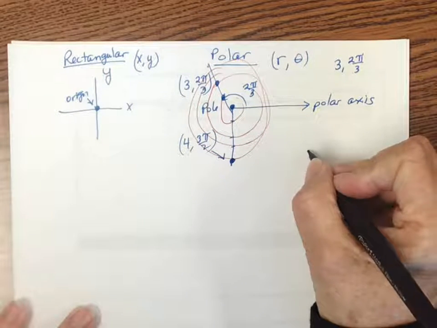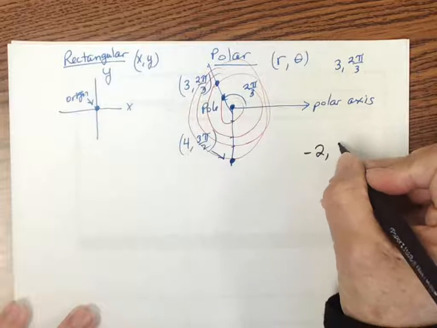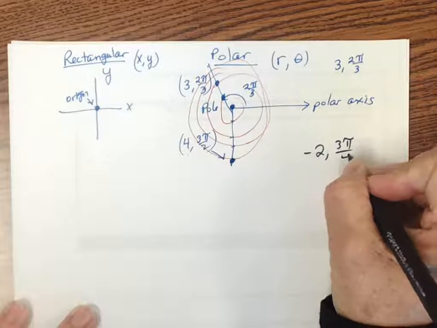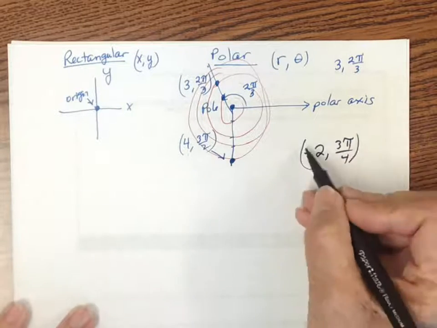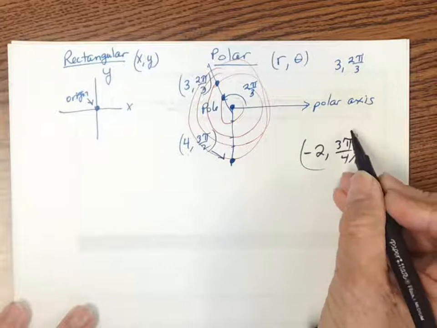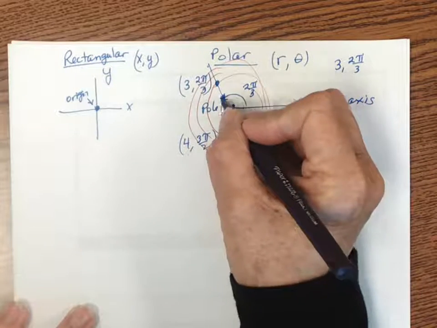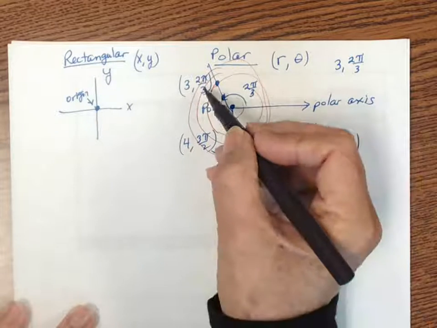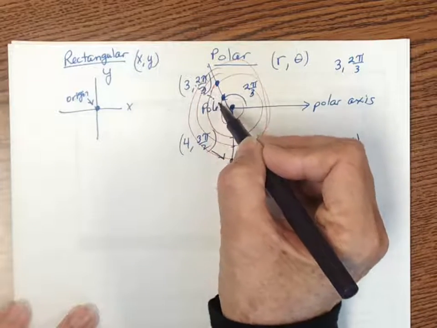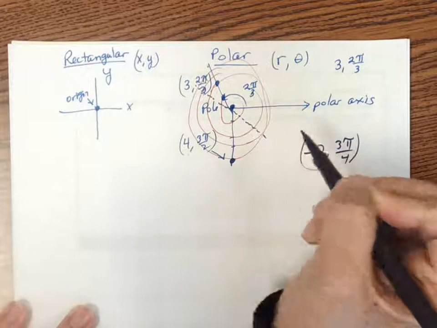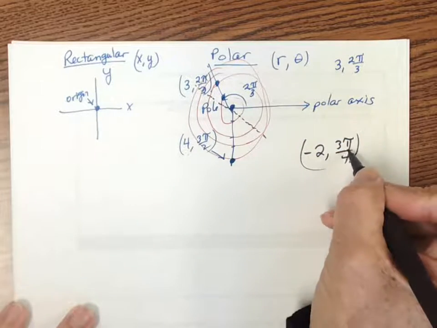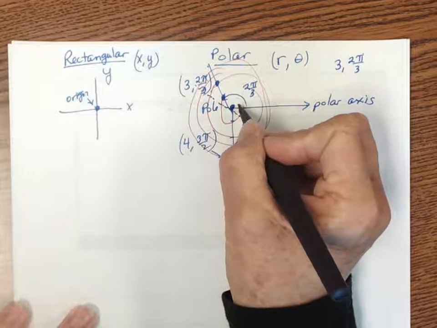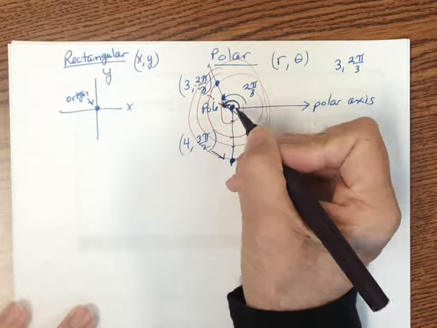If I am looking for the point negative 2 comma 3 pi over 4, we start off by looking for our angle. So 3 pi over 4 is about right here. And then we take that angle and go back across the pole to get the negative. So I find my angle. There is 3 pi over 4.